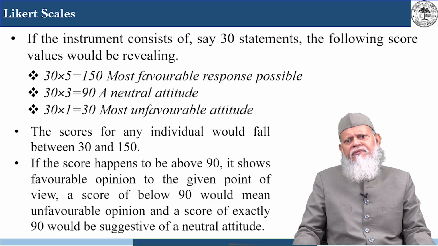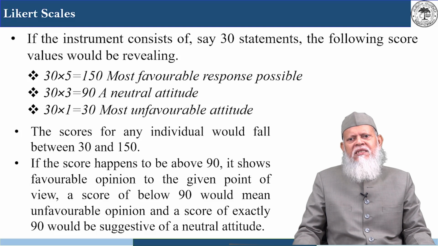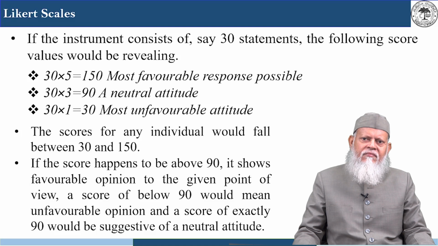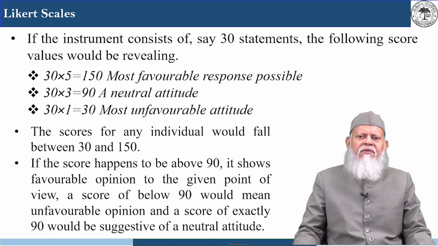So, suppose there are 10 questions and there is a 5-point scale. The maximum most favorable response possible is 50, and the least is 10, because a strong disagreement means 1 and a strong agreement means 5.